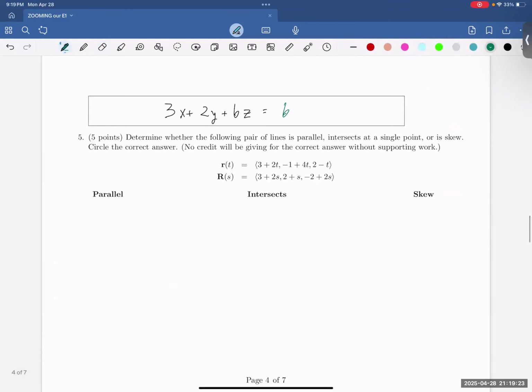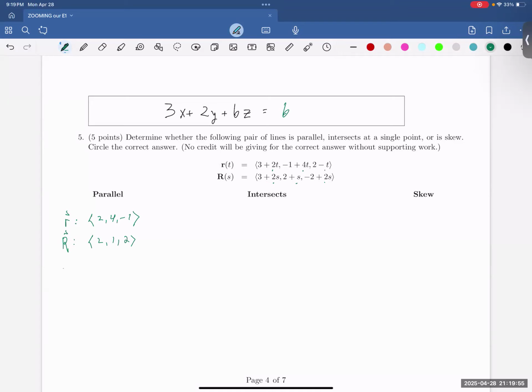So first decide if they're parallel and pull out the direction vectors, which are the coefficients of t. For line r, we have 2 and 4 and -1. And for line big R, our direction vector is 2 and 1 and 2.